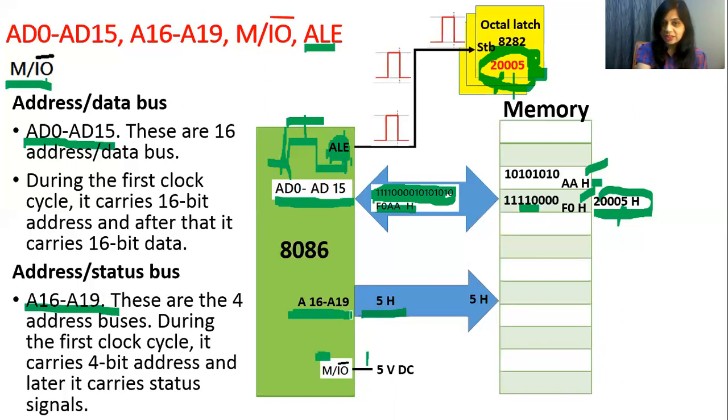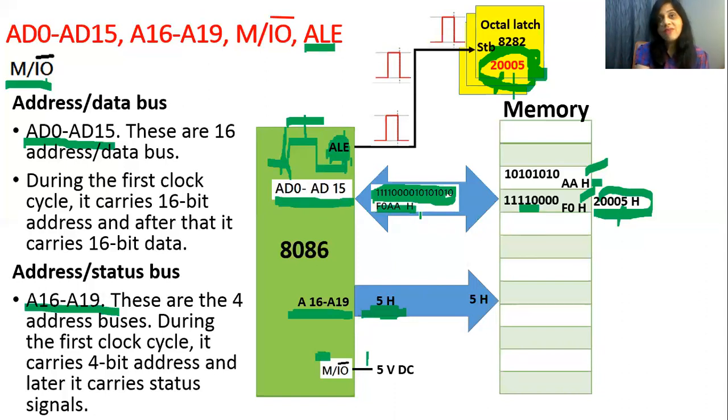A16 to A19 is pure address bus, which is used to carry this 4-bit address. AD0 to AD15 is address data multiplexed bus. Address data multiplexed bus means the same wires are used to carry address as well as data. During the first T state, it carries address, and after that, the same wires carry data.